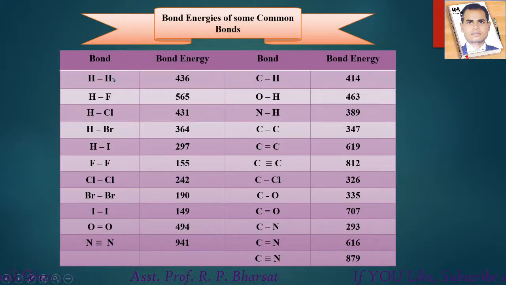You can see the H-H bond has 436 bond energy, the H-F bond has 565, and here H-Cl 431 bond energy is given, and H-Br has 364 bond energy. So like this, in this way you can see all bond energies.